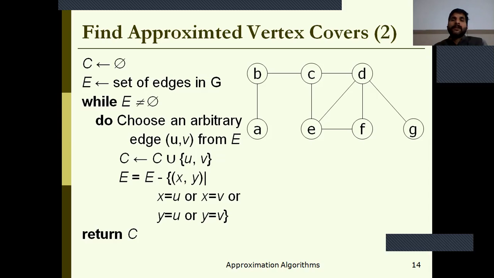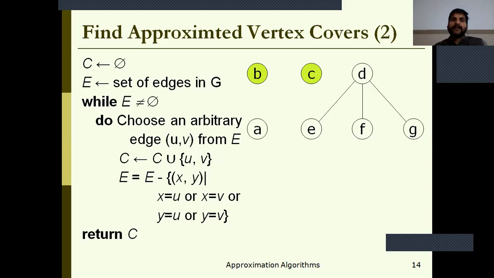Suppose we choose two vertices B comma C. After choosing B and C, here two edges are covered, three edges, four edges are covered. These edges are removed from the graph like that.